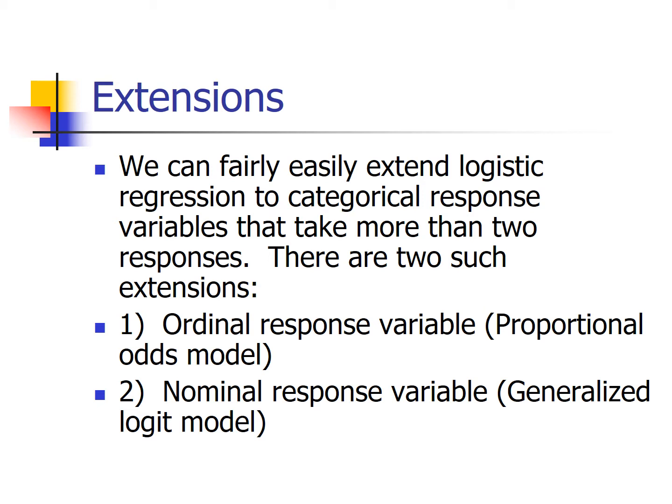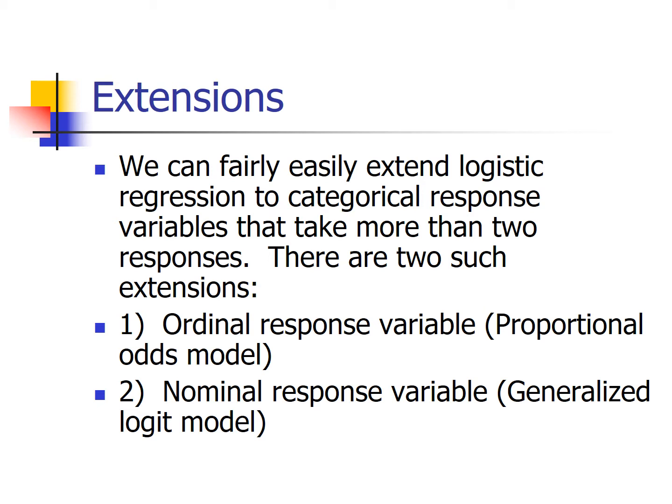It turns out that we can fairly easily extend the logistic regression framework to categorical response variables, to categorical y variables that take more than two outcomes. There are two such extensions. The first is the proportional odds model, used when we have an ordinal response variable.